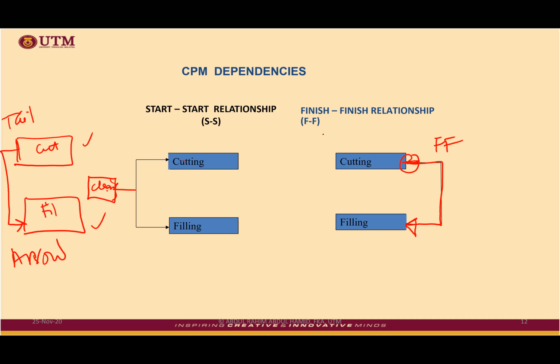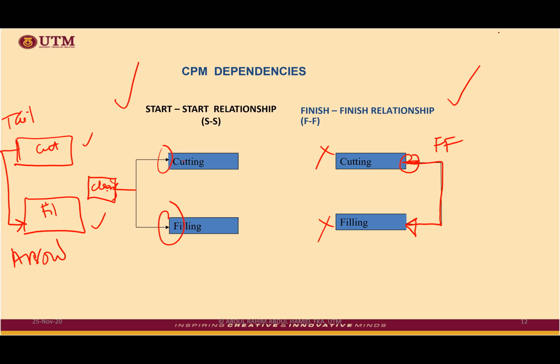Regardless of when the activities started, the most important thing is the finishing. In the case of start to start, the most important thing is the start. The finishing could be at different times; we don't care, it depends on the duration of each activity anyway. That is the difference. Sometimes you might want to use this type of relationship, sometimes that one. So it depends on the logic.